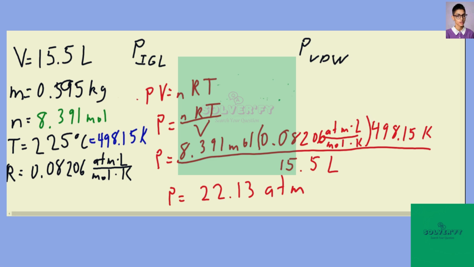So according to the ideal gas law, that is going to be the pressure within this container. There's a caveat. No gas is truly an ideal gas. And this is also true of chlorine.